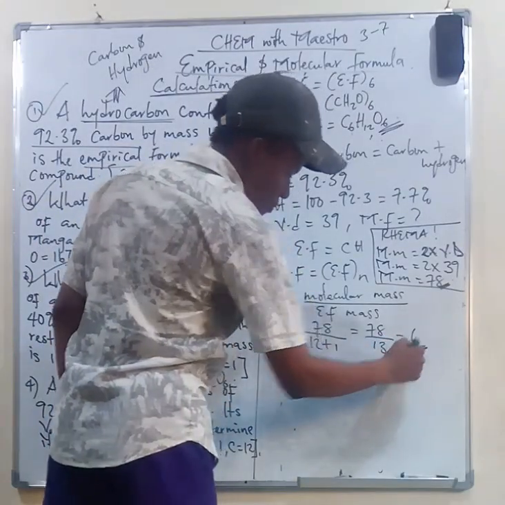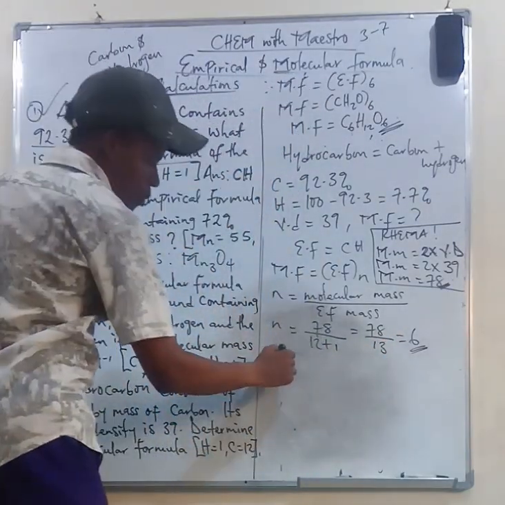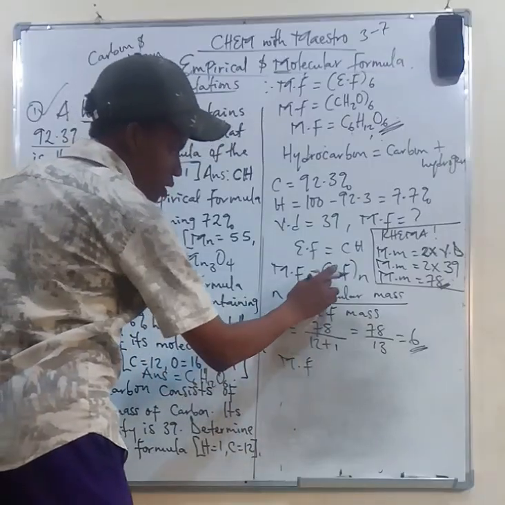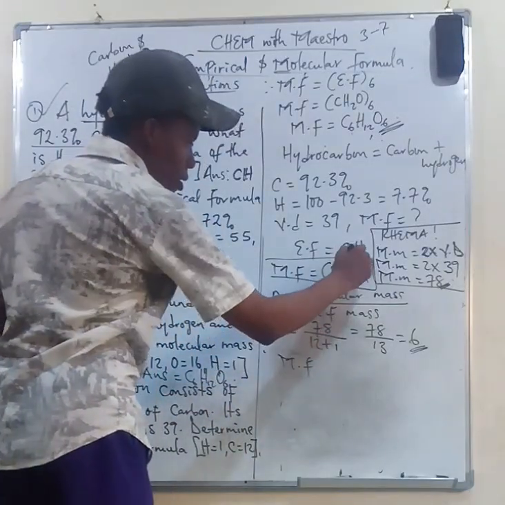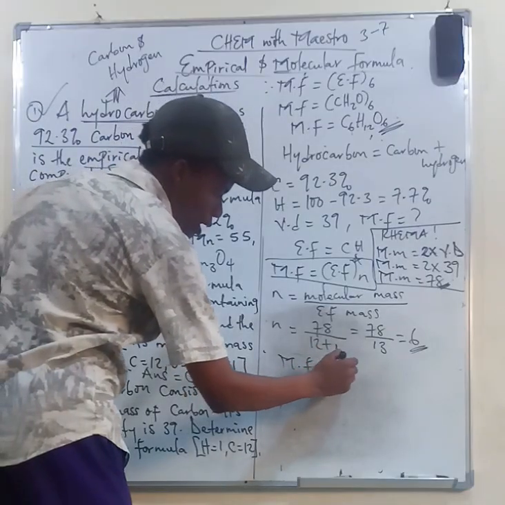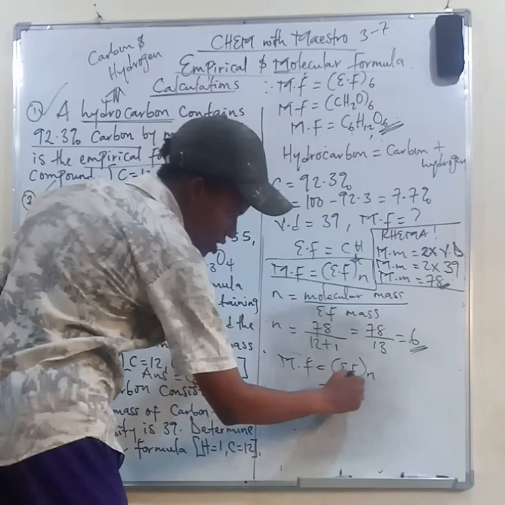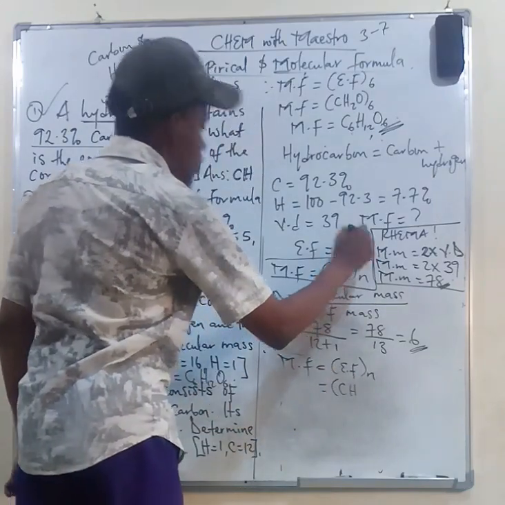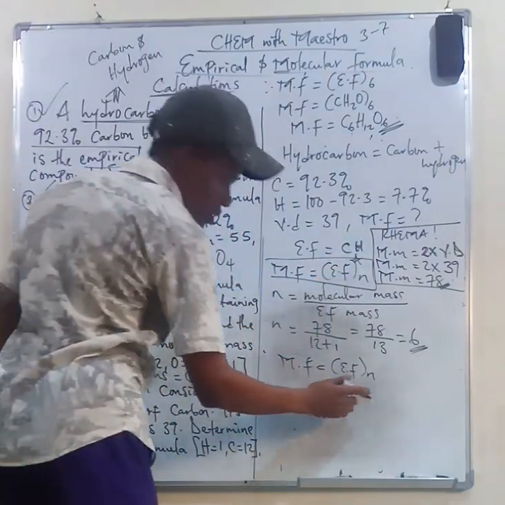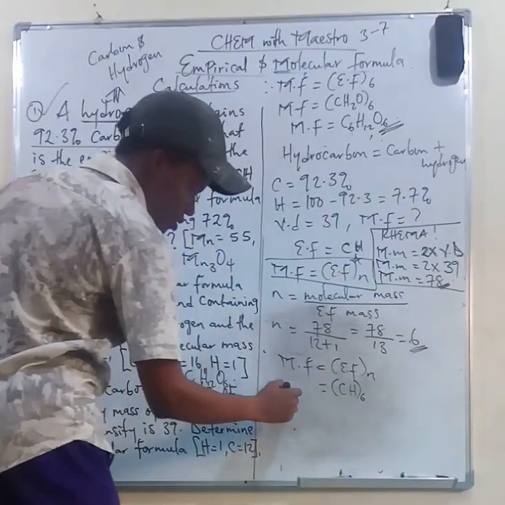We have 6. So remember this, don't forget this. Our molecular formula is equal to empirical formula N. Our empirical formula is CH, we solved it before in question 1, and our N is 6.